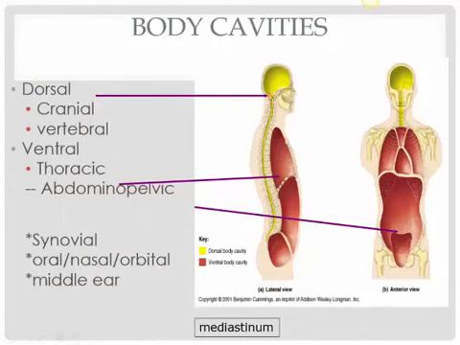There is this yellow cavity towards the posterior aspect of the body, and then this part which is more towards the anterior aspect. We call this part the dorsal body cavity, and this the ventral body cavity.